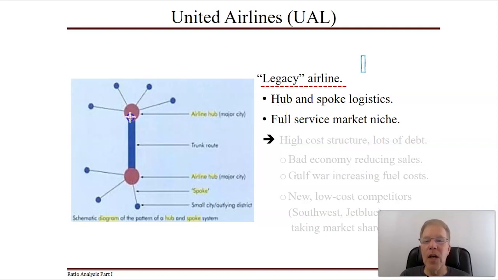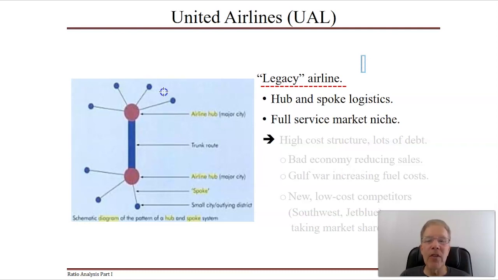They had these typical hub and spoke logistics. So they would have a hub. United had a hub in Newark, it had a hub in Texas, in Houston, and it had another hub in Ohio. So if you wanted to fly, for example, from somewhere in New Mexico to somewhere in Vermont, you would fly probably to the Ohio hub, then the Newark hub, and then off to Vermont.